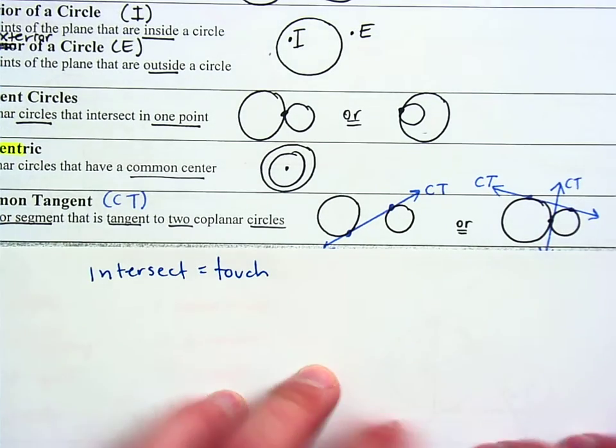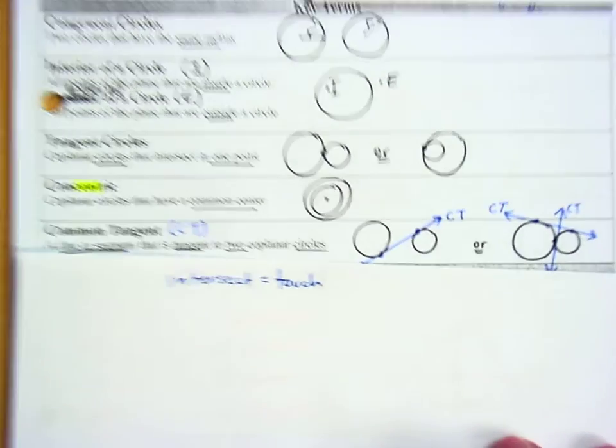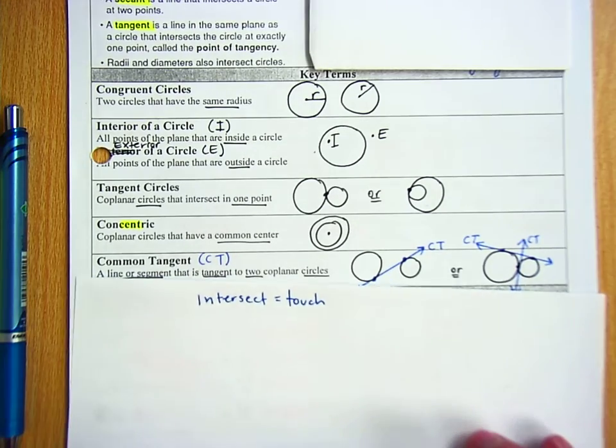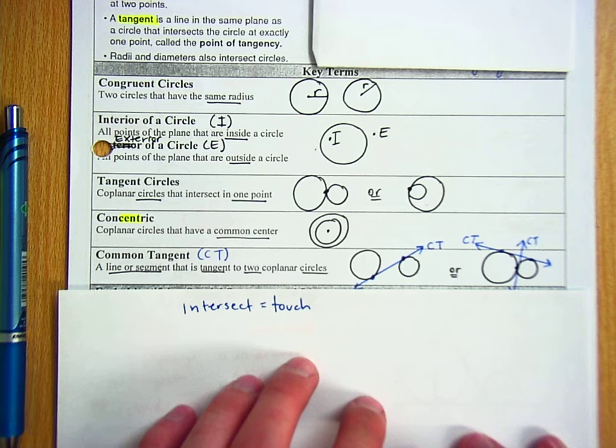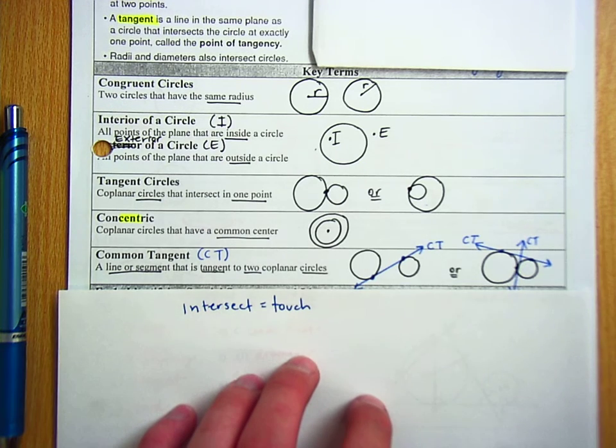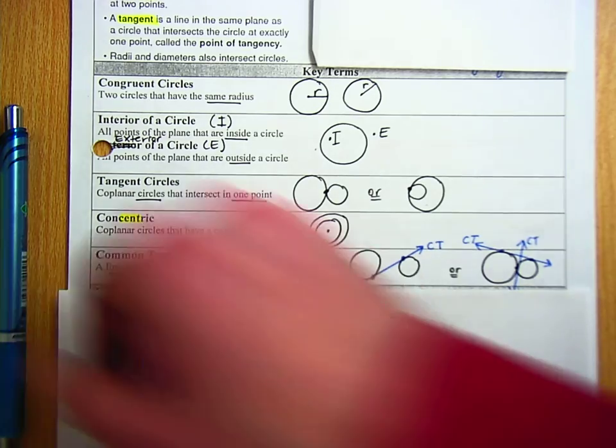So that's some of the vocab, and hopefully you were writing notes or drawing these circles. And I will be grading these notes pretty harshly for the first page, just to know that you're following along with these videos. So make sure that you go back and copy each of these notes.